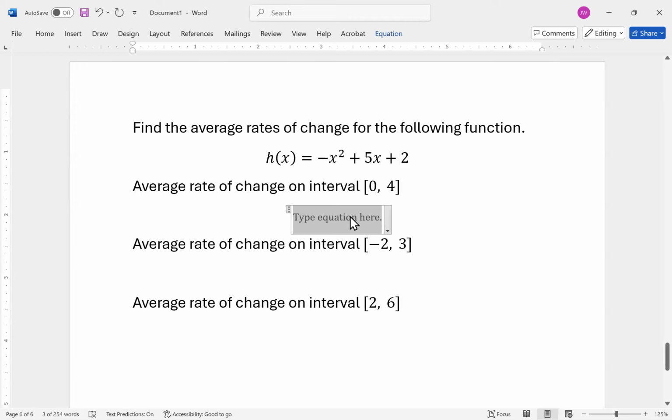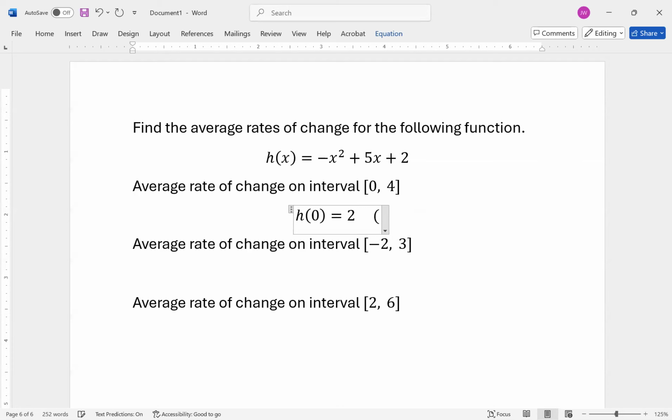All right, so first thing we need to do is establish the points that we are at. So if we're going from x value of 0 to x value of 4, I start at the point which has x value of 0, and I end at the point which has x value of 4. So I'll say h(0) and then calculate that. That's negative 0 squared. Notice that the negative is on the outside of the parentheses, plus 5 times 0 plus 2, which when we calculate that gives me a 2.